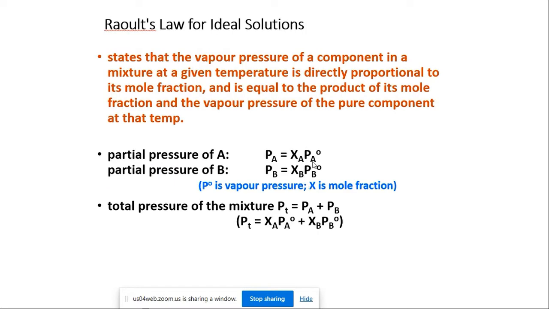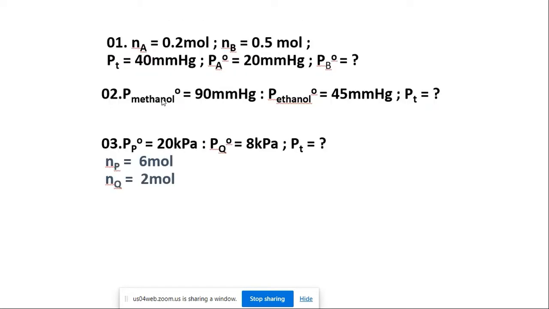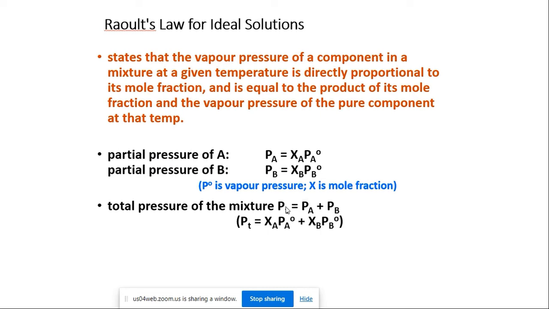By using this one here, you can find PA. We have the PA and PT is there. So PT means Xa Pa naught plus Xb Pb naught. You can apply this equation directly.